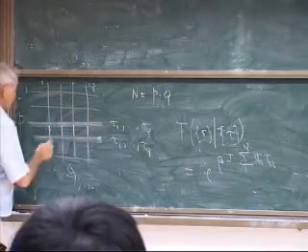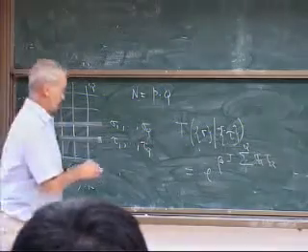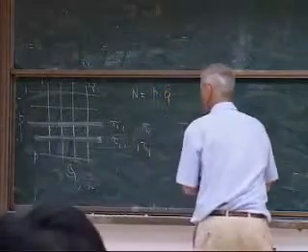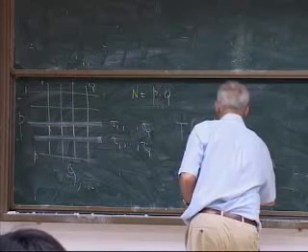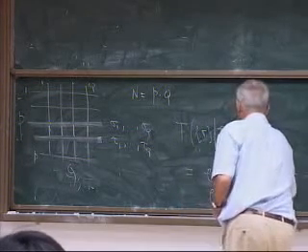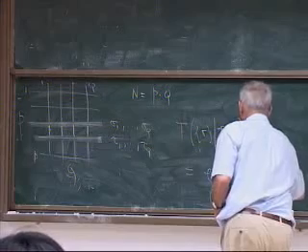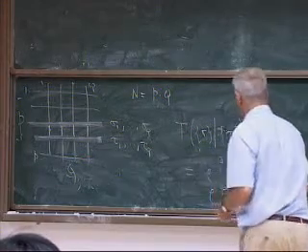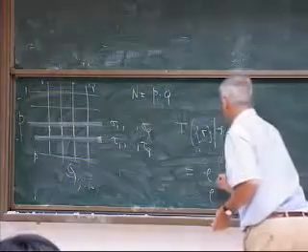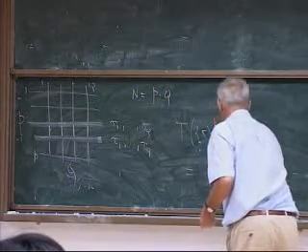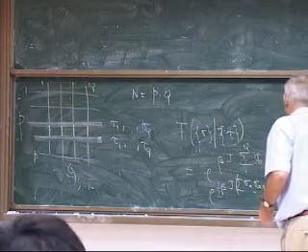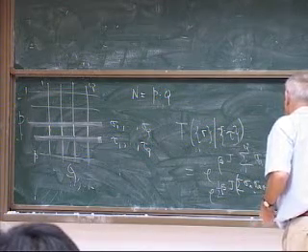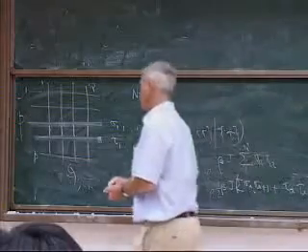But I have also to take the horizontal. So the horizontal will be exponential beta J sigma a sigma a plus 1. And I could stop here, but I prefer to make it symmetric, plus tau a tau a plus 1. And then I've taken this.